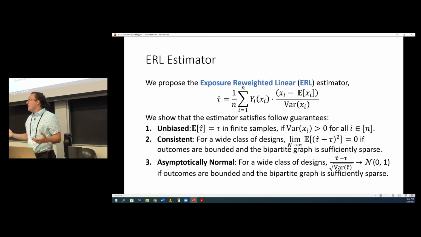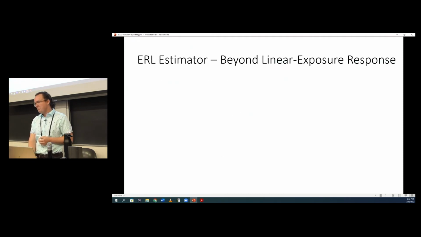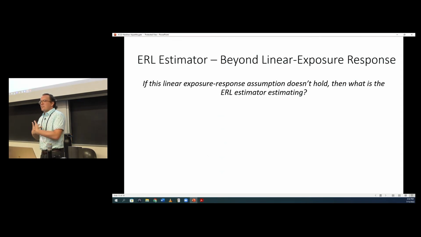And we have a similar guarantee for asymptotic normality of the estimator as well, but the conditions on the growth of the bipartite graph are a bit stronger to obtain the central limit theorem. And something you might ask is, OK, if this linear exposure response assumption doesn't hold, what is the Earl estimator estimating? So I showed it was unbiased if the linear exposure response assumption holds, but what is it doing if that is not true?